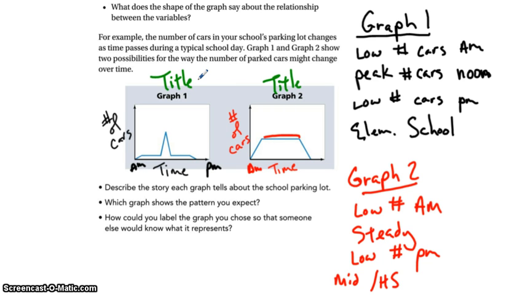We could make the case that graph number 2 actually describes an elementary school. The point being that we could make an argument logically about either graph for a school and why each graph could fit the number of cars in a parking lot over time.